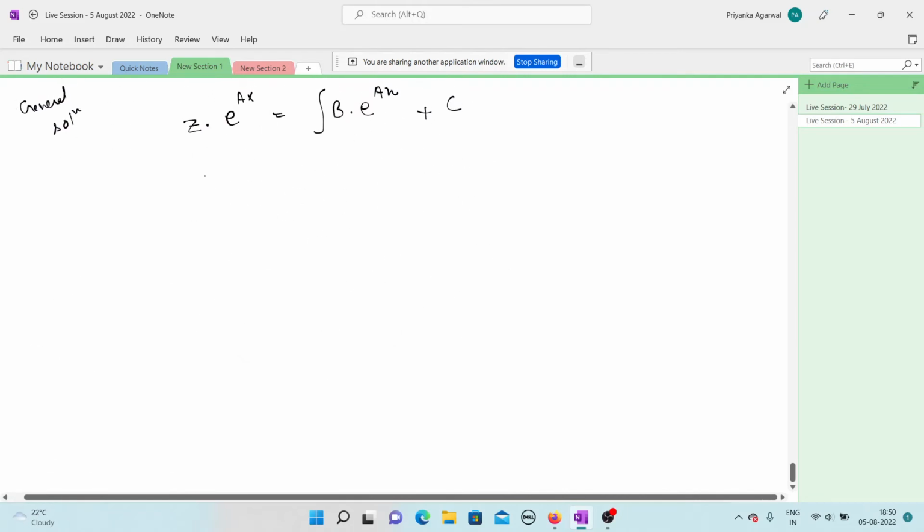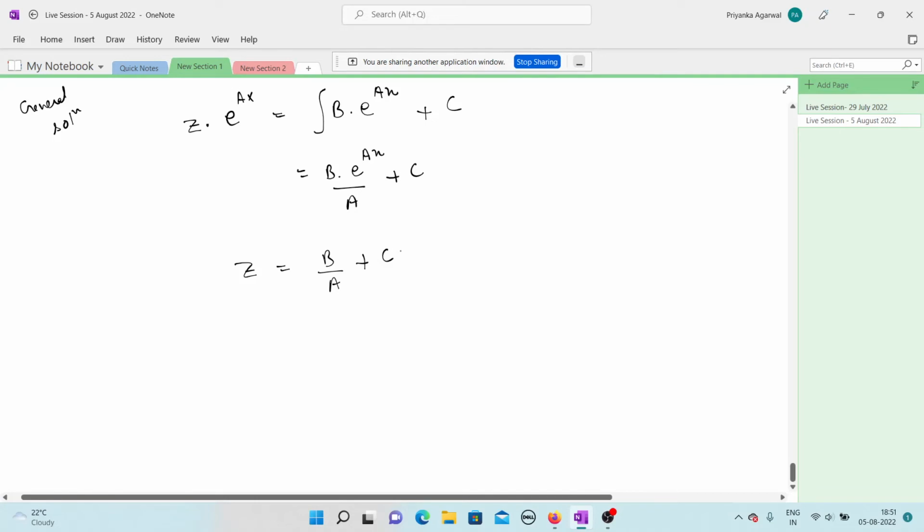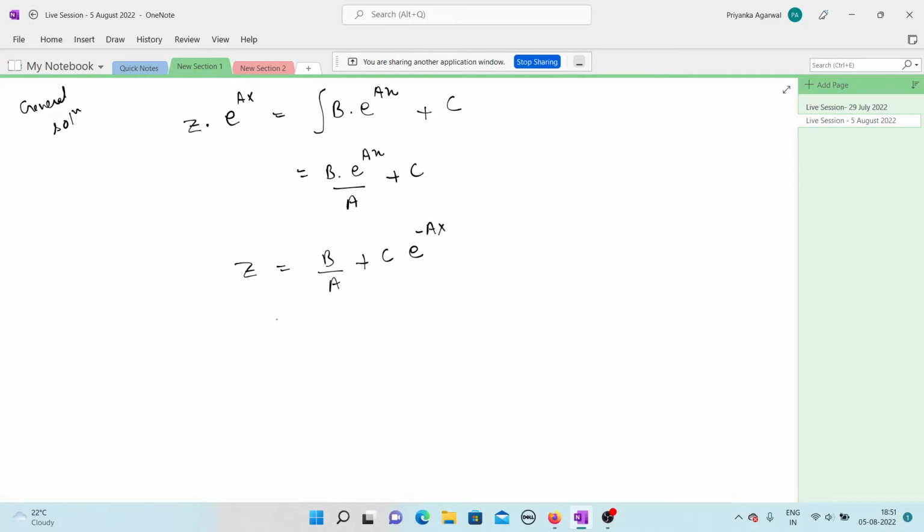Okay. So b is constant, integral of e to the power ax will be e to the power ax over a, plus c, and then z can be written as b over a plus c e to the power minus ax. Right?